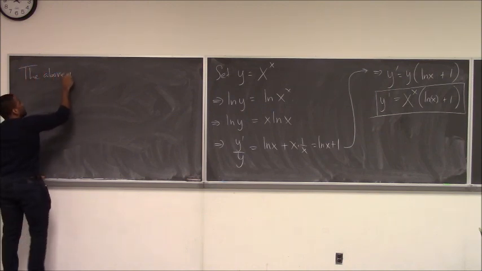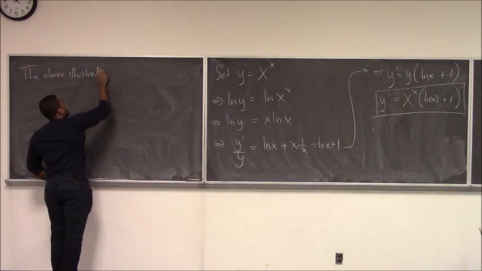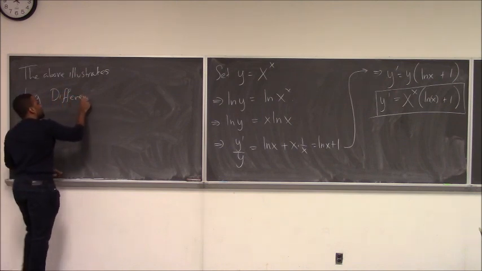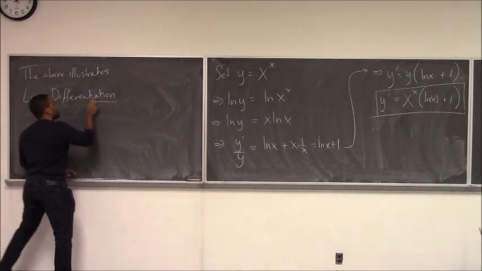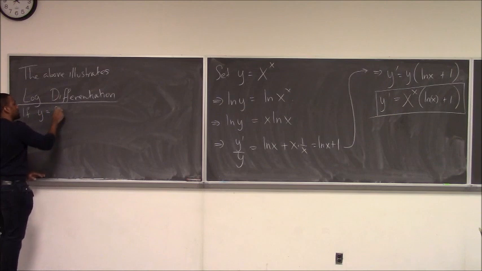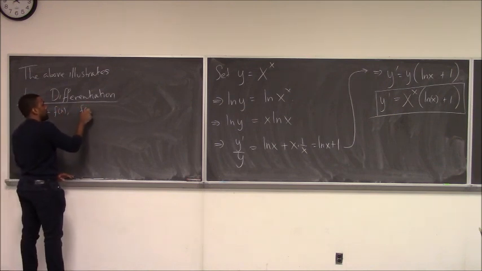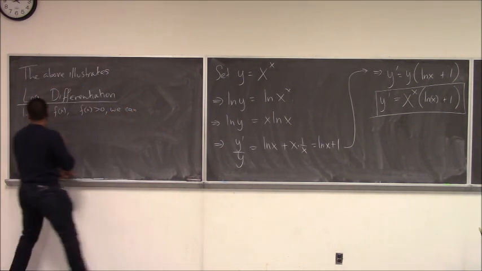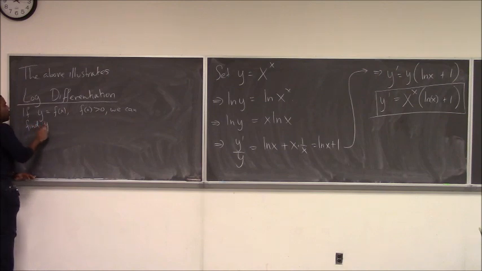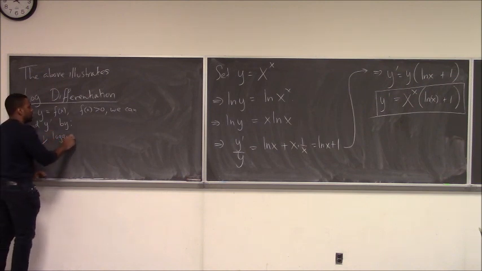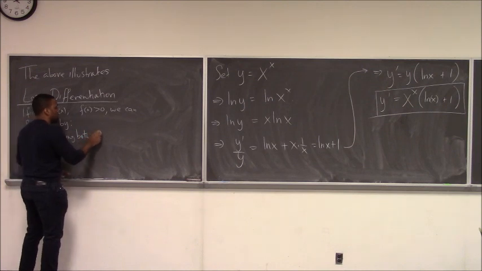So, the above illustrates what we call logarithmic differentiation. Basically, if y equals f of x and f of x is positive, we can find y prime by, one, logging both sides.